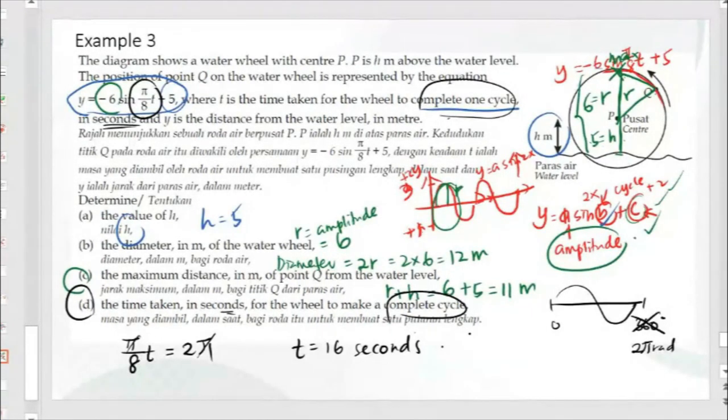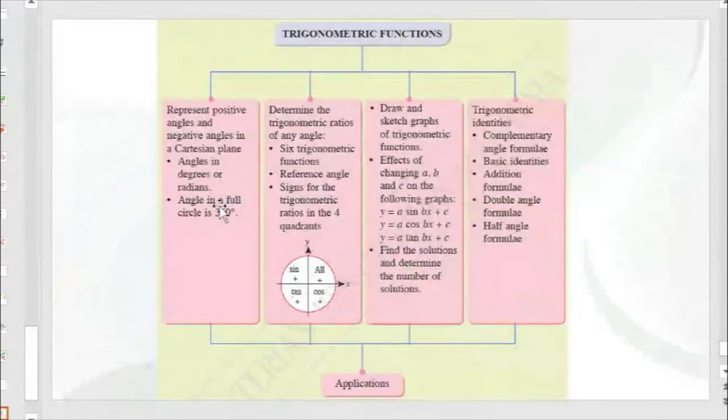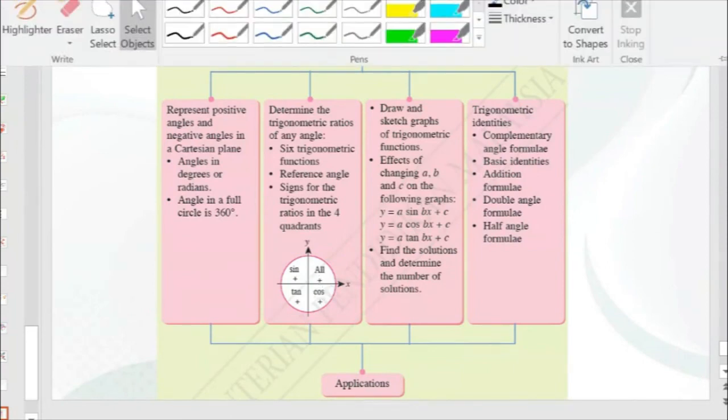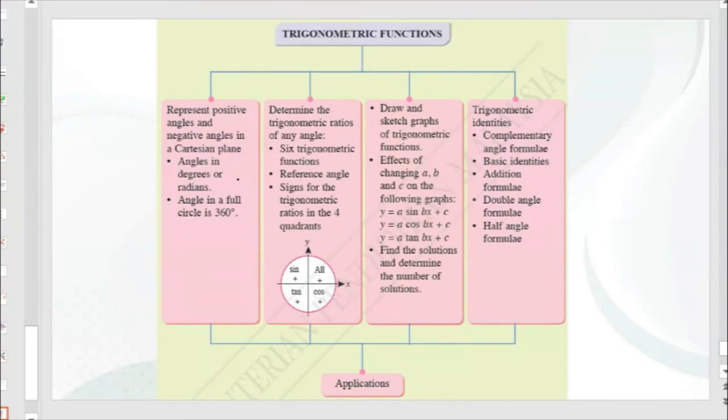Can you understand? Okay, so I think this is what I want to teach you today. Then this is the summary of the lesson we learned. Actually, there are still a lot of things you need to memorize. But what I want you to remember is, first, how to change radian to degree, degree to radian.